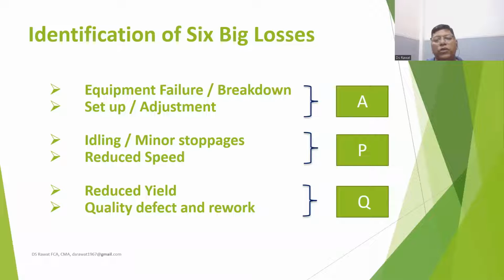And Q means quality. Quality comes from lower production and more defective pieces. Suppose the standard production time for production of one unit is 10 minutes, and it actually takes 12 minutes.